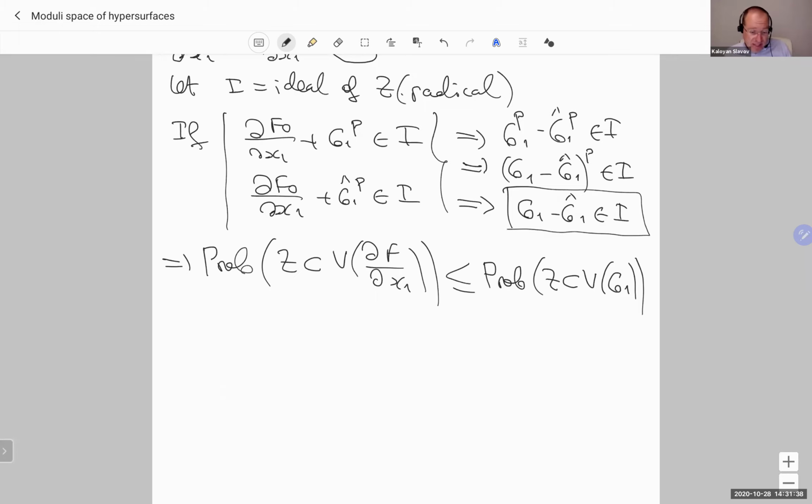Or in other words, the number of choices for G1 is at most the number of choices of an element in I of the degree that we're looking at, degree tau in this case.